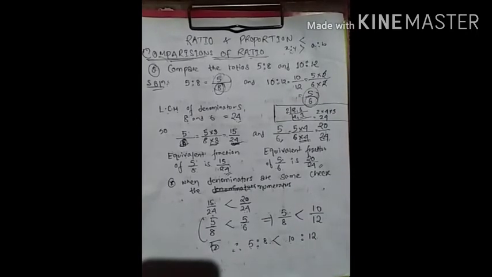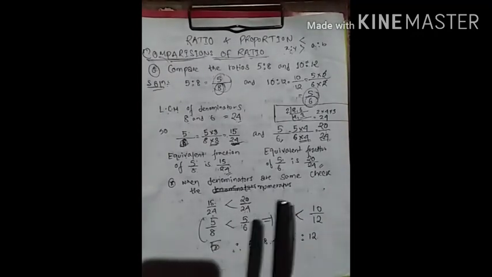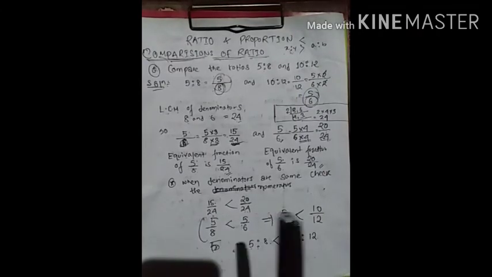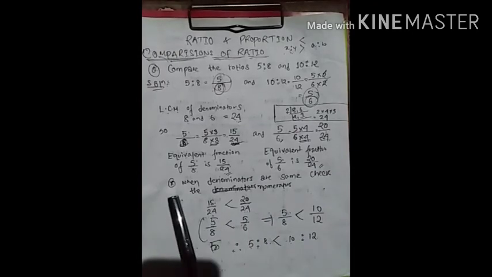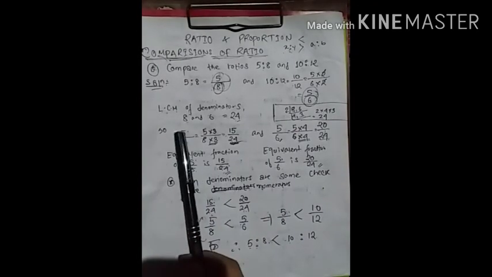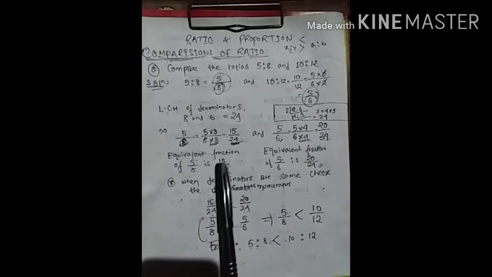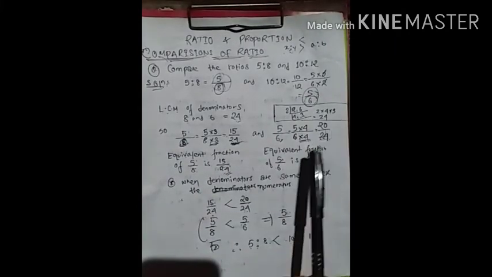I think you have got the idea how to solve this type of question. When two ratios are given, to compare them we first have to make the denominators the same. How to make the denominators the same? We take the LCM of the denominators. Then we convert the first fraction into its equivalent fraction, and the second fraction also into its equivalent fraction.